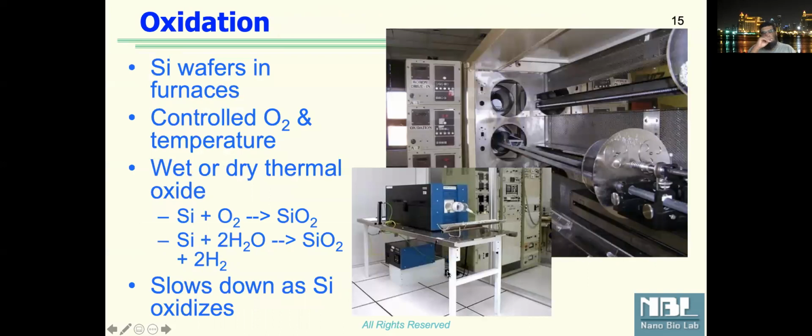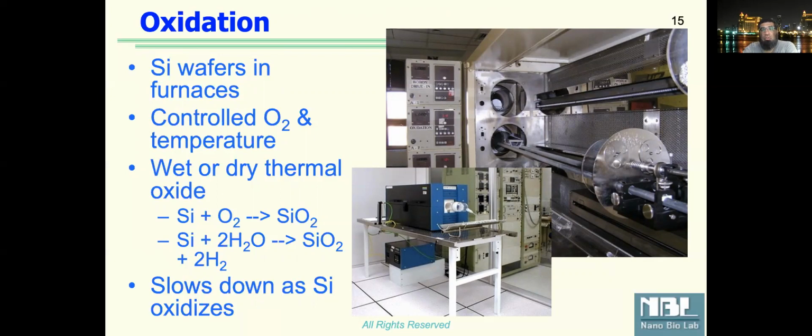Silicon dioxide is grown in furnaces. These are long, very clean tubes. There are no species, no elements, no metals in there. It's super clean. We heat them up and place silicon wafers in very clean, precise order, and push them into those tubes, where the temperature across the tube is very well maintained.